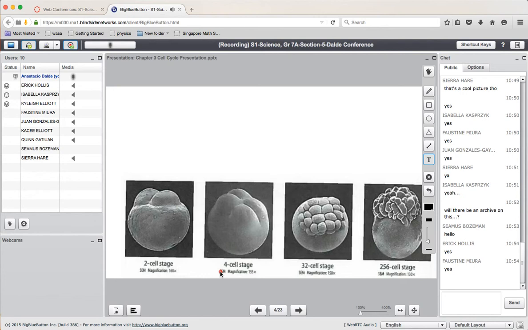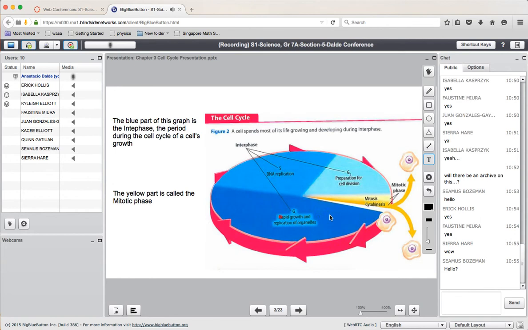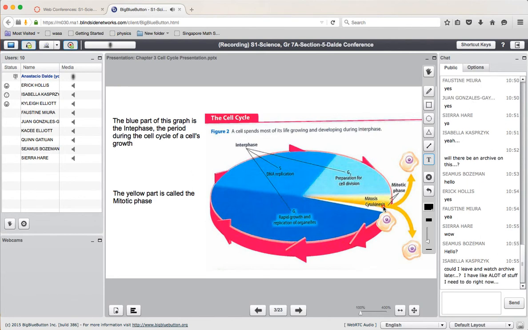So depending on the different types of cells you have, it will take a different amount of time. Most human cells in our body take about 24 hours. So you have one cell, and that one cell will go through that full cycle of interphase with the G1, S, G2, and then the mitosis and cytokinesis in about 24 hours, so every day.